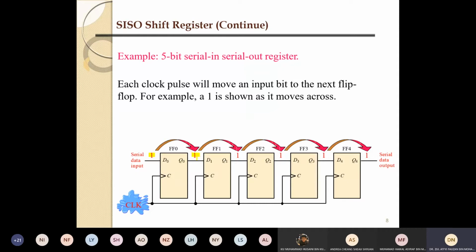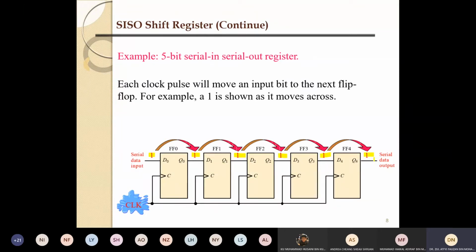Then the second clock, this data 1 will be here, third clock will be here, fourth clock will be here, and fifth clock will be here. So this shift register should have 5 clocks to move the first data to the output.